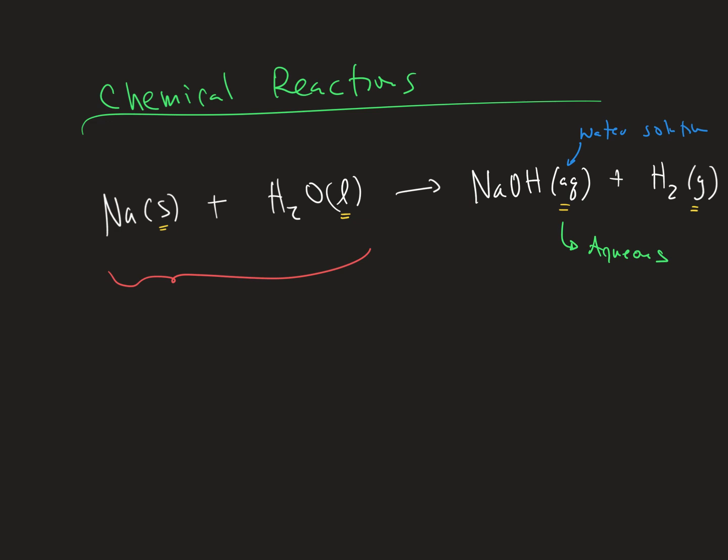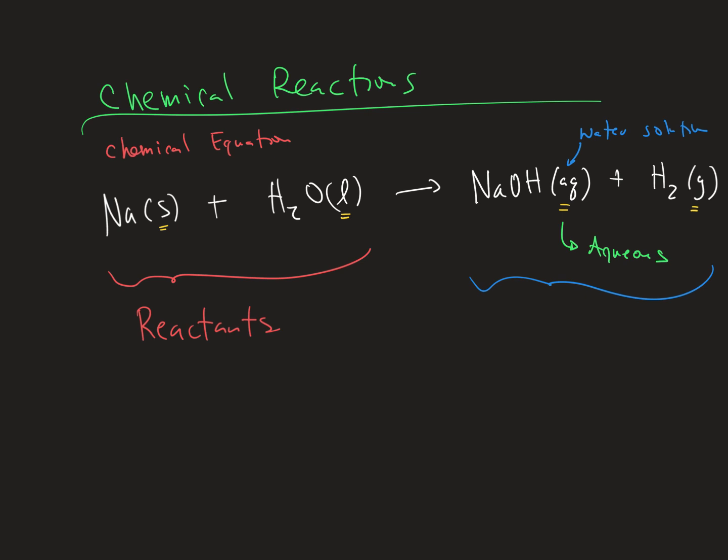The substances on the left of this equation, we call this a chemical equation. The substances on the left side of the chemical equation we call reactants. Does it make sense why we call them reactants? These are the two substances that react together, as we saw in this demonstration, right? Okay.